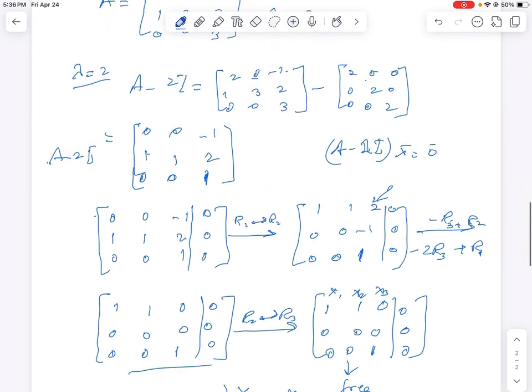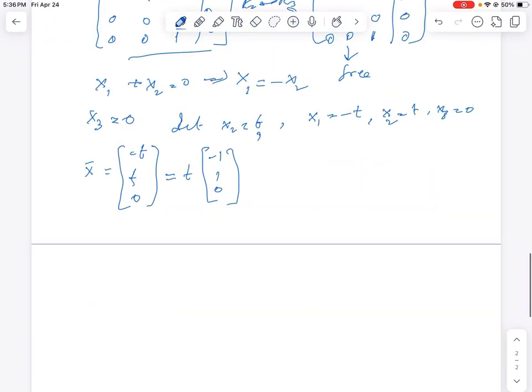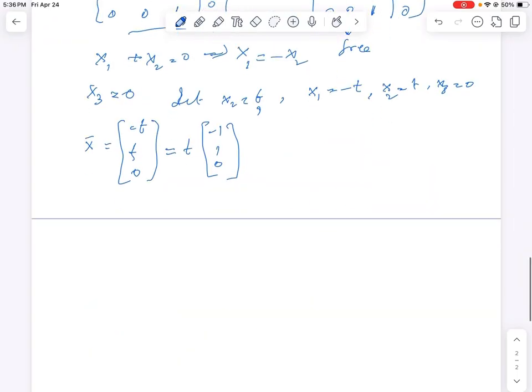Now we try to find the other eigenvector, which is associated with lambda equal to 3.